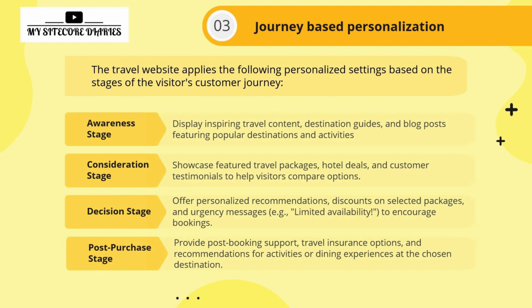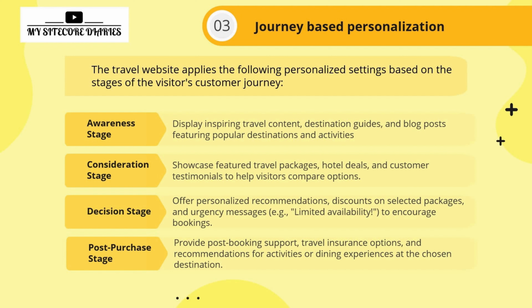So you need to show content based on the stage where your visitor is in the customer journey. And to show these messages, you have to set up the goals and outcomes. Depending on that you will understand where your customer is.